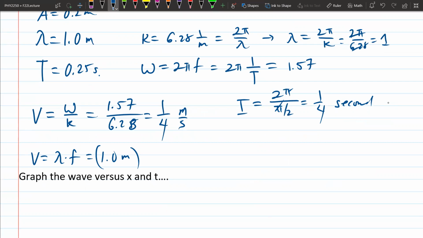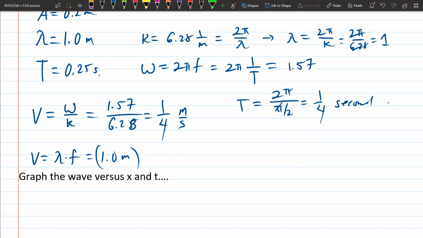Omega over k. Oh yeah, you guys didn't catch my bad algebra. Let me erase that. Remember, something that's in the denominator goes in the numerator.